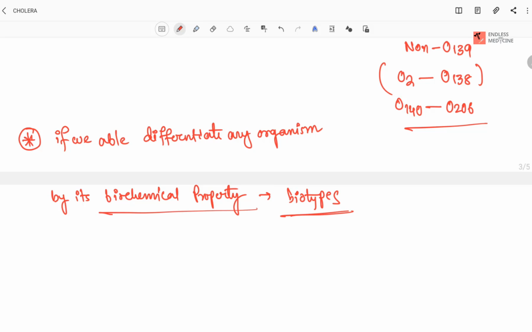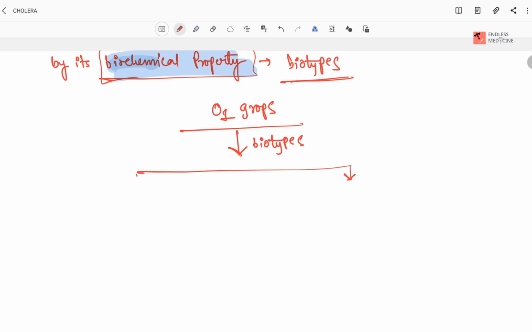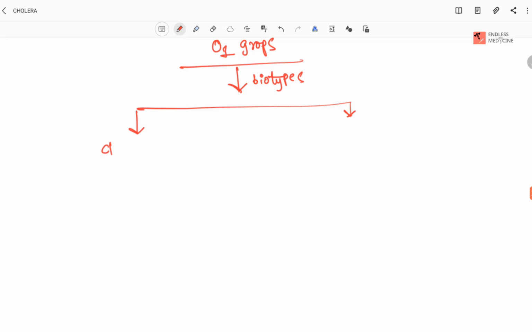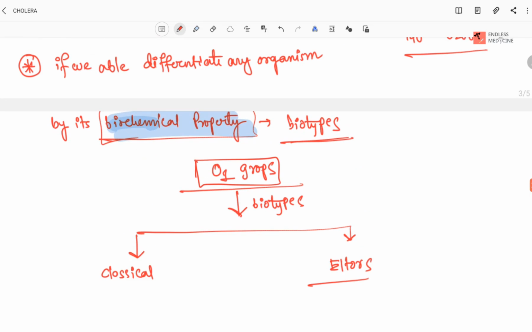So now O1 group can be divided into several biotypes, that is classical and El Tor. Those are the biotypes, meaning we differentiate the organism based on biochemical property.